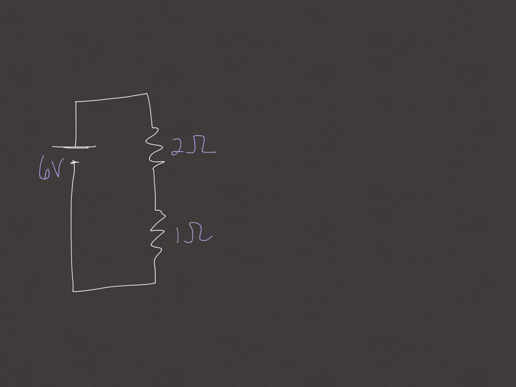And if we quickly do Ohm's law, equivalent resistance is 3. 6 divided by 3 gives us 2 amps of current. So the change in potential across the resistors is going to be 4 volts and 2 volts.